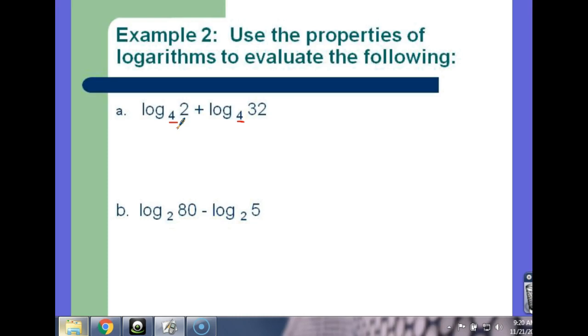So if you look at your properties of logs, log base a of x plus log base a of y is really the same as log base a of x times y. So it's really the same as log base 4 of 64. So then the question becomes, okay, 4 to what power is 64? So our answer is simply 3.